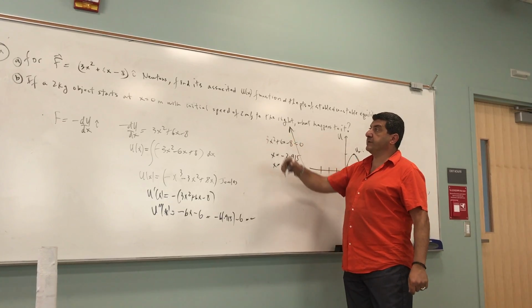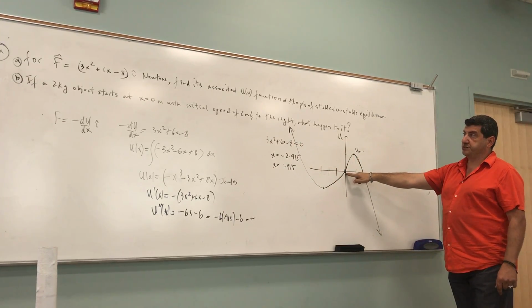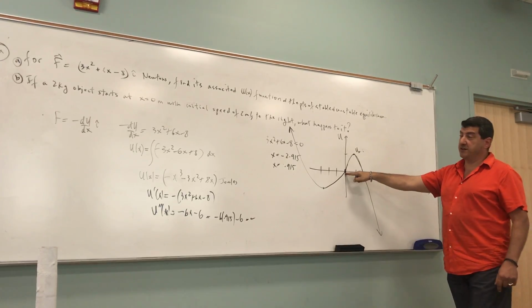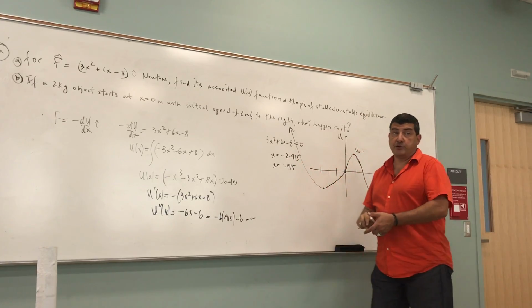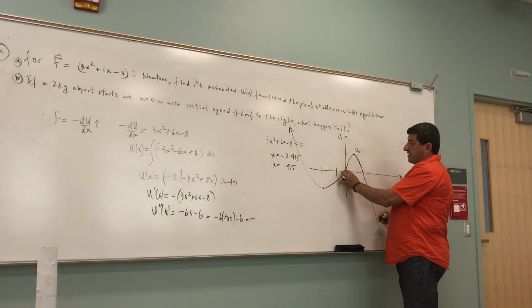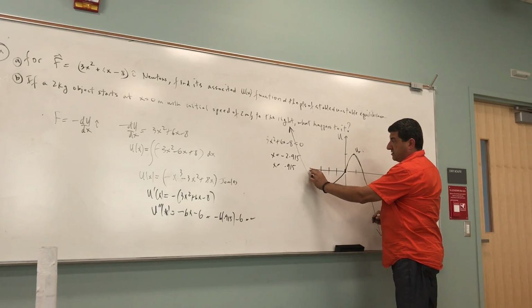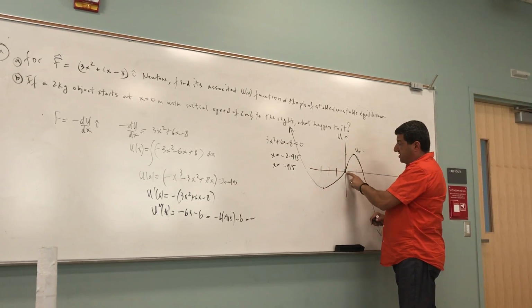So according to part B, a 2 kilogram object is placed at the origin, but you initially give it a speed of 2 meters per second, right? Now if you didn't give it any kick, it would just oscillate until it reaches zero energy again, because it starts out at zero.